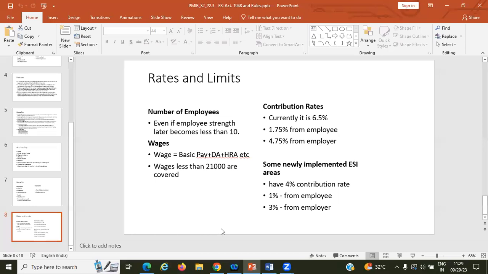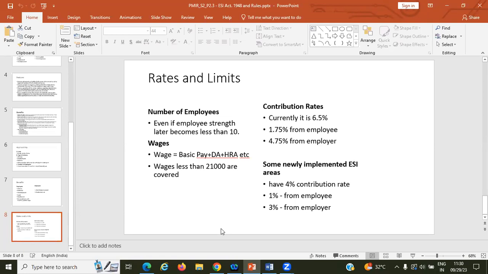Suppose your salary is 100 rupees, so 1.75 is given to ESI from your salary. Then the employer gives 4.75, so altogether 6.5. That means 6 rupees 50 paisa accumulates every month in the ESI fund.